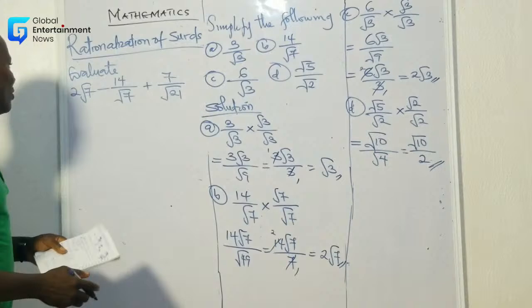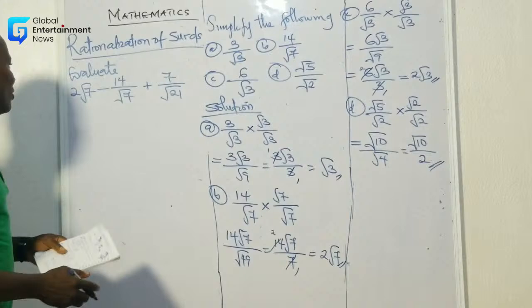So what is the next thing we are going to do? We find the LCM of the denominator. If you look at this, what is the LCM of 7 and 21?